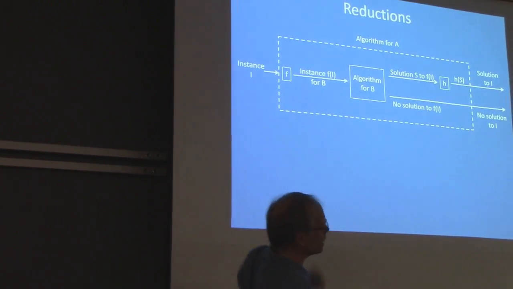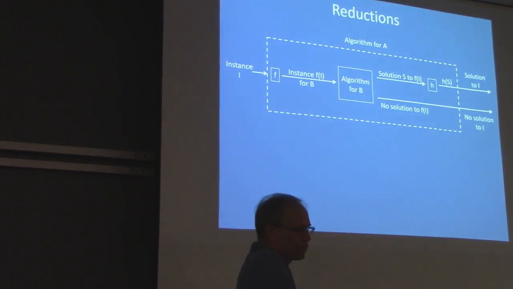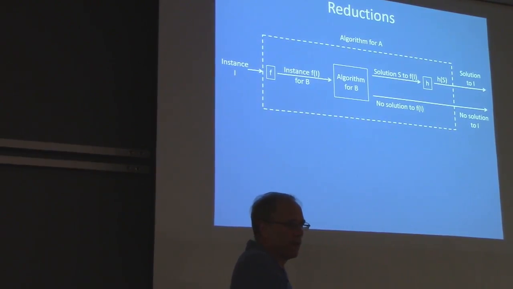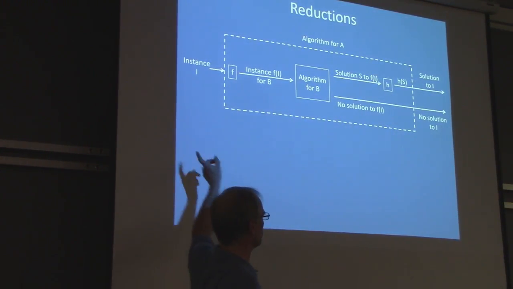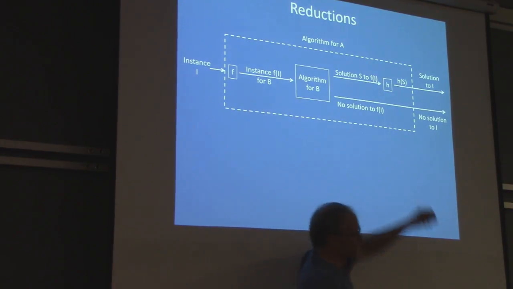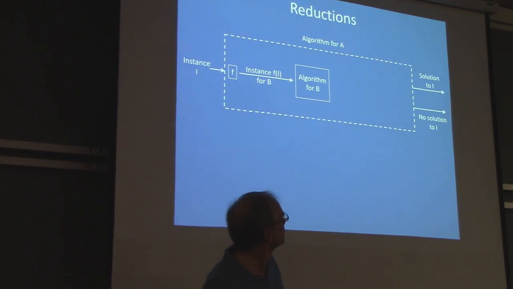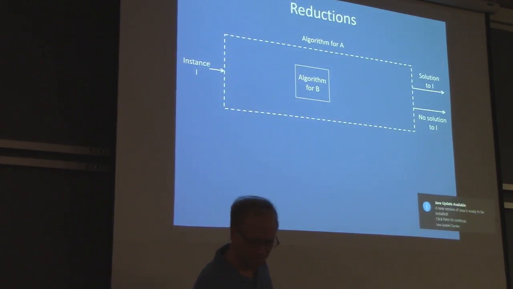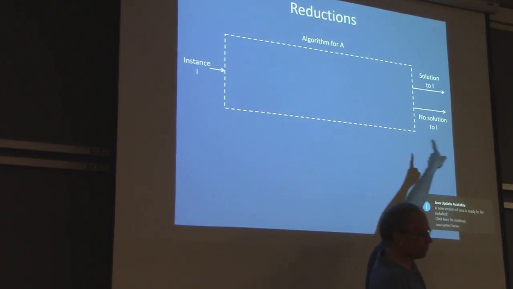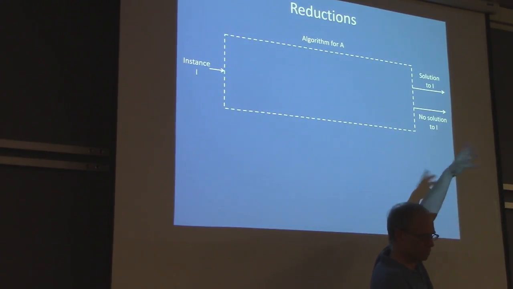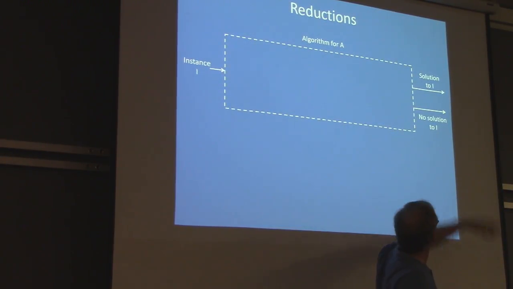It takes as input an instance. In other words, the parameters that an algorithm A would expect, like a graph or a set or whatever the algorithm takes as input. It either produces a solution that the algorithm is supposed to produce, or it says there's no solution.